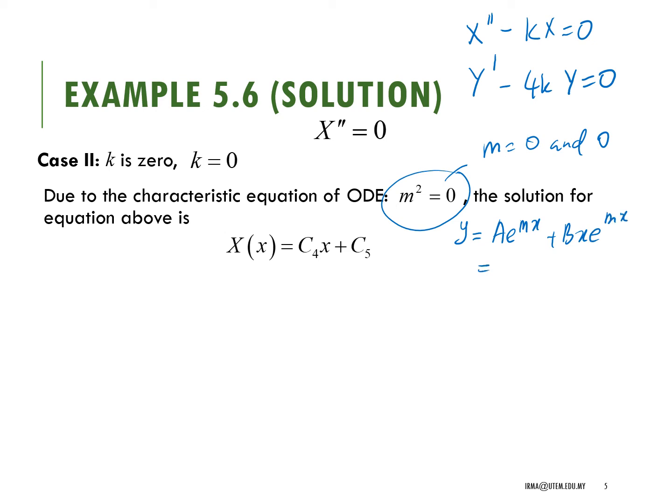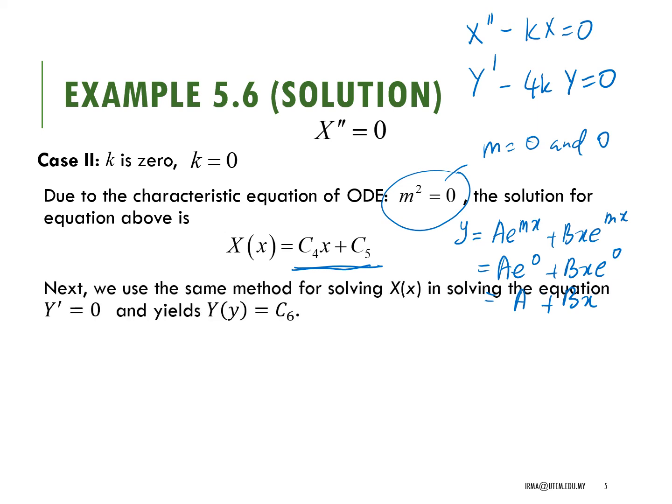Since we have m equal to 0, so a exponent 0 plus bx exponent 0, so you get a plus bx. Or you can write it in this form, so it becomes c4 x plus c5. It's just the same. So this is the solution for x.